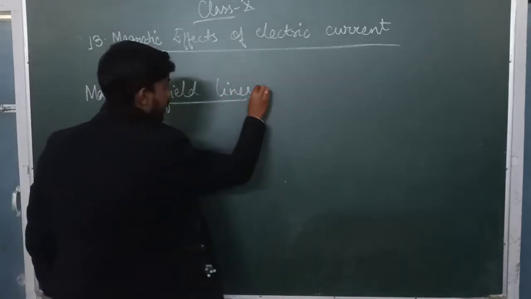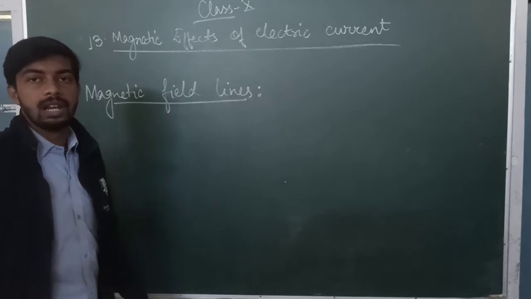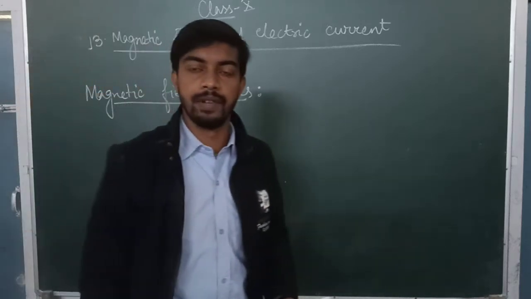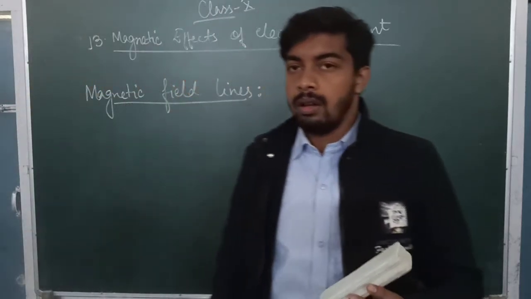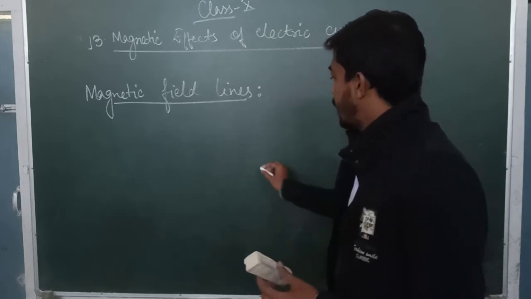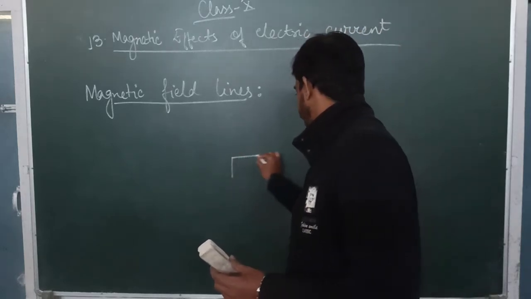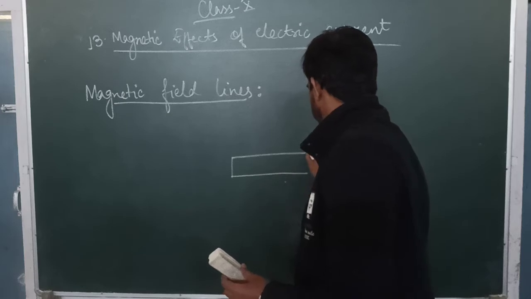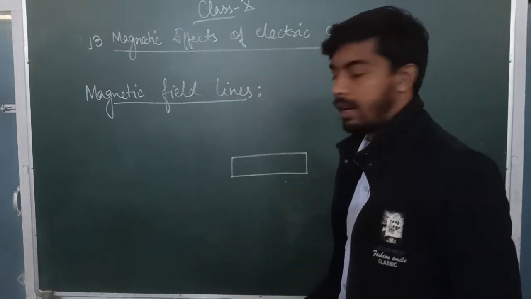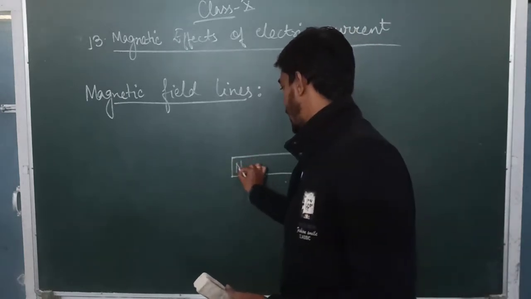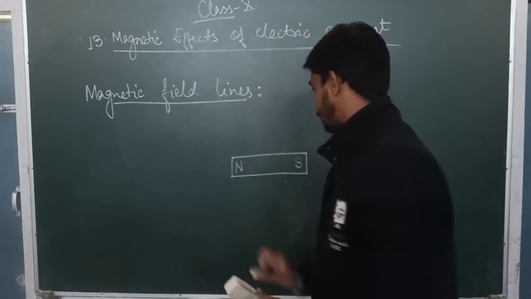Now the first topic is magnetic field lines. Now what are magnetic field lines? If we take a piece of bar magnet with this side as north pole and this side as south pole.